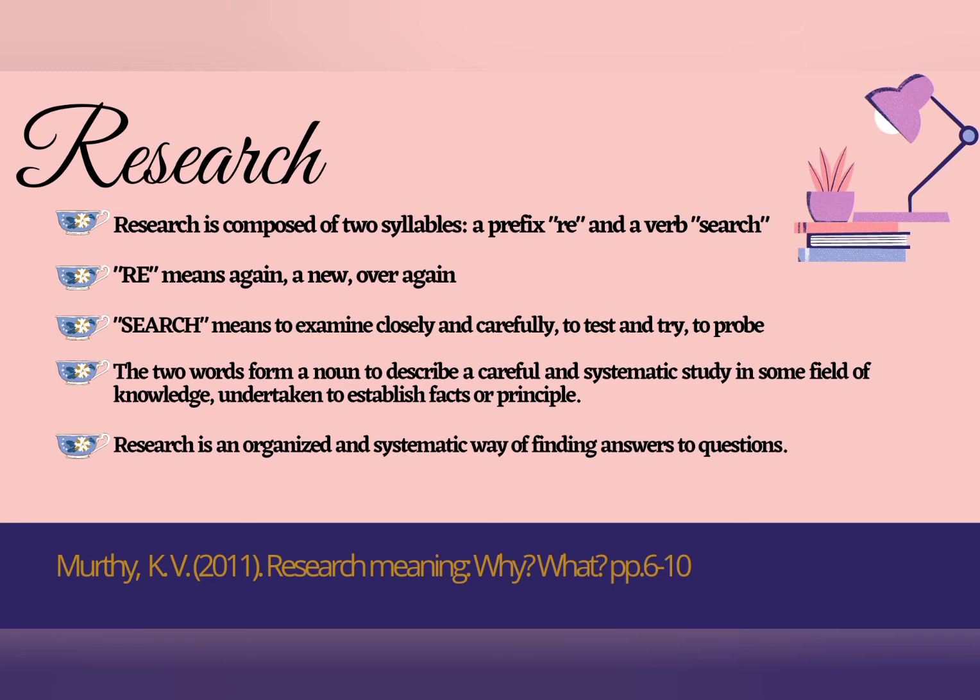This is usually used for different kinds of words that start with "re." Search means to examine closely and carefully, to test and try, or to prove. So the two words form a noun to describe a careful and systematic study in some field of knowledge undertaken to establish facts or principles.